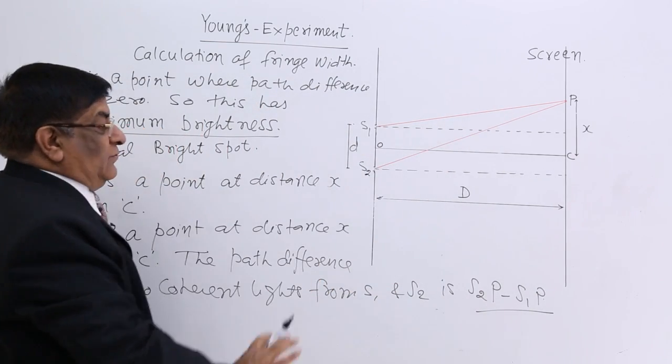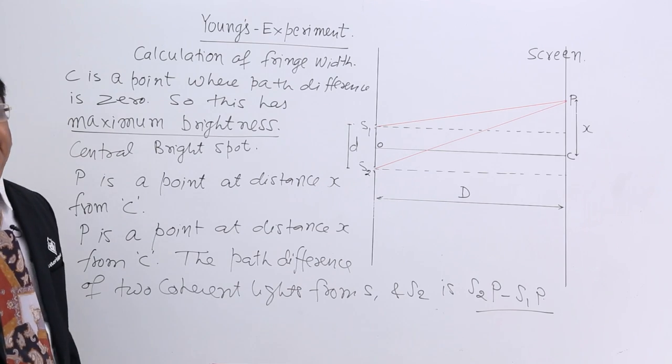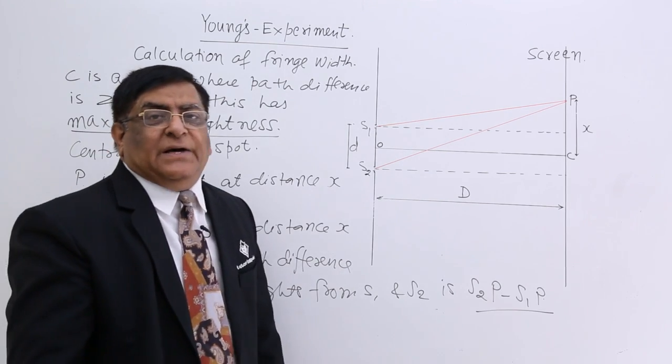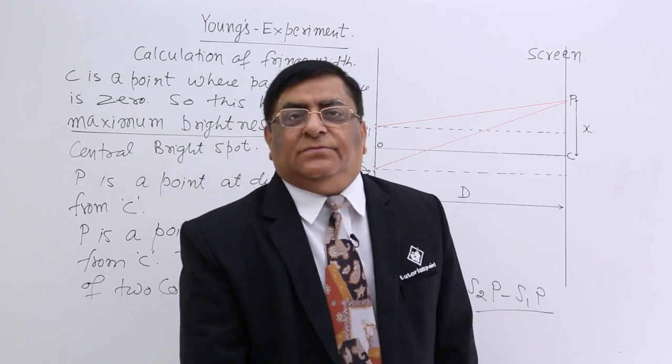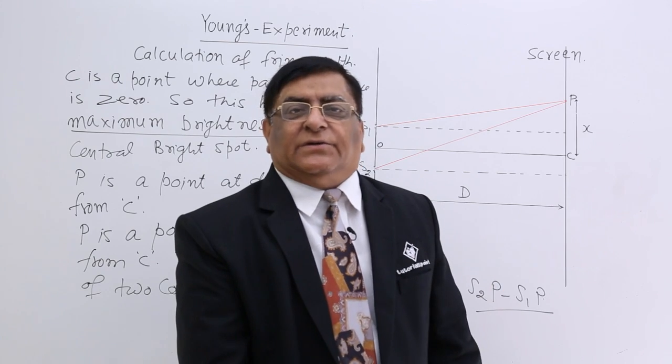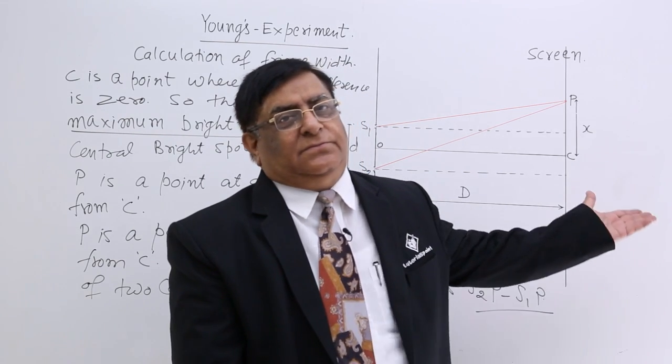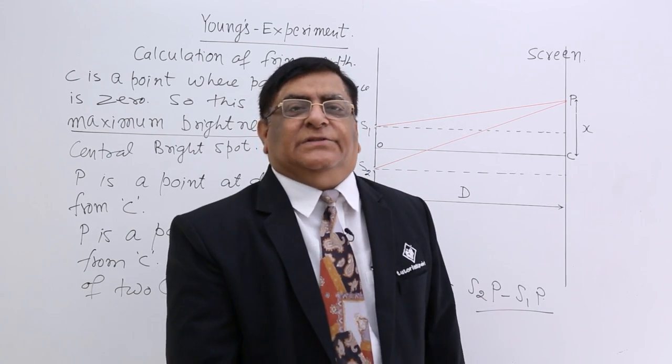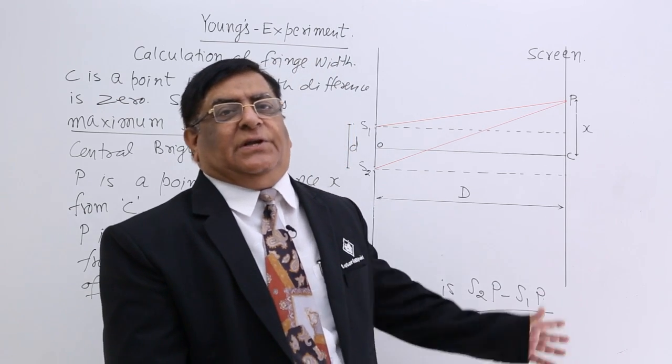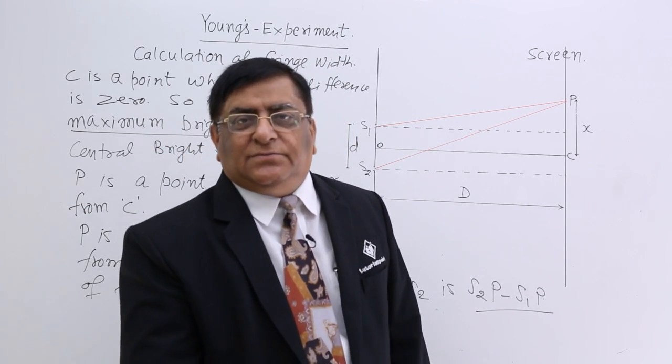This is the path difference. Now, if this path difference fulfills the condition of constructive superposition, then it is bright. If it fulfills the condition of destructive superposition, then it is dark.